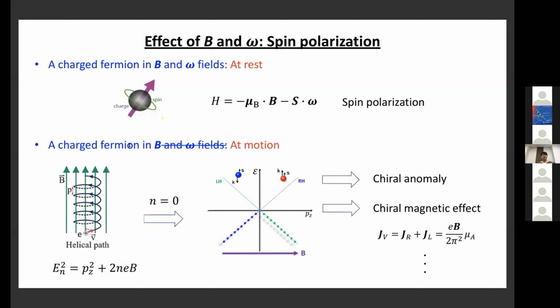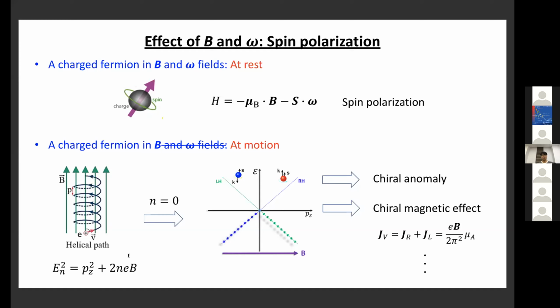Now, if we let the particle move, for example, if we consider a movable charged fermion in the magnetic field, in addition to the spin polarization given by this simple Hamiltonian, there is also the Landau quantization of the orbital motion. And we will have the Landau levels.